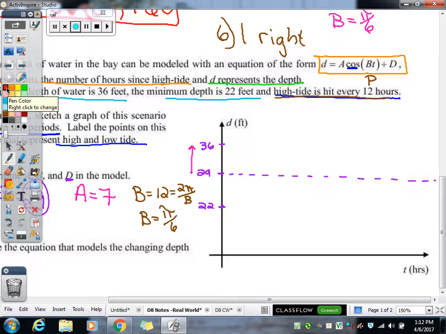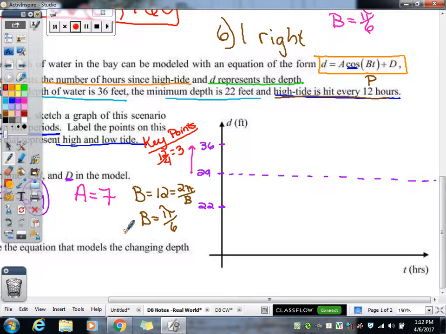So now when it actually comes to sketching our graph, our B value never really helps us figure out anything. The one thing we're going to want to know here is when do our key points happen? So key points, remember, is your period divided by 4. So if my period is 12 divided by 4, our key points are going to happen every 3 hours.